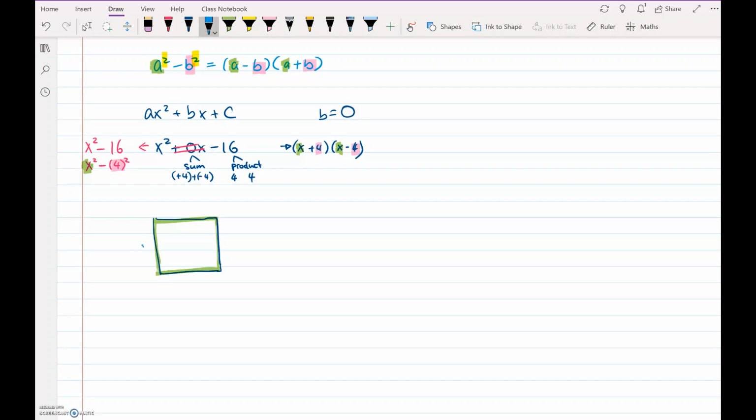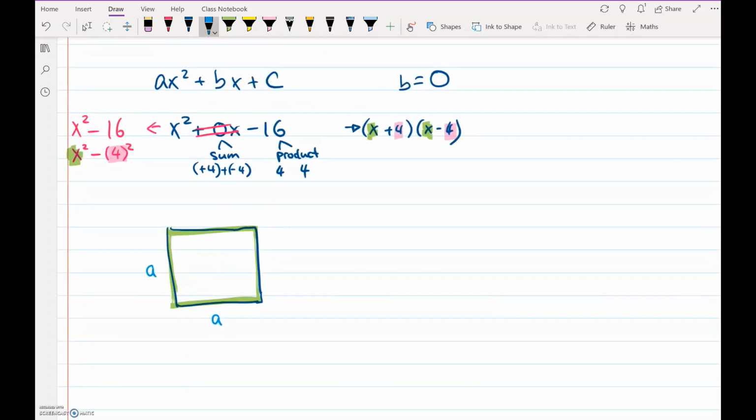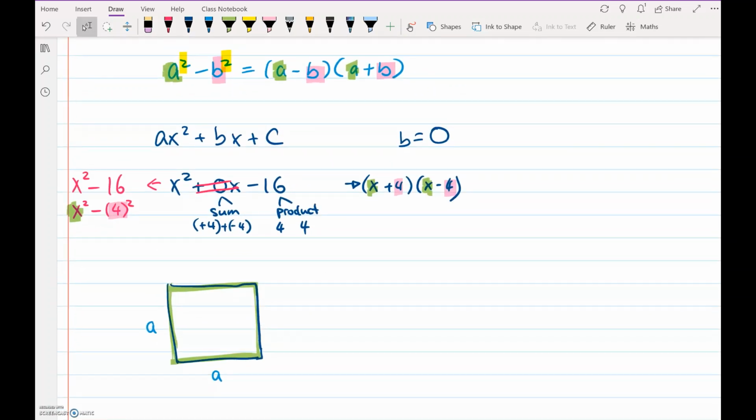Then I have a length of a over here and a length of b on the other side. The second part we have is b squared. So just imagine it's the area of a minus the area of b. So my b is somewhere inside, and the measurements for this are b by b.